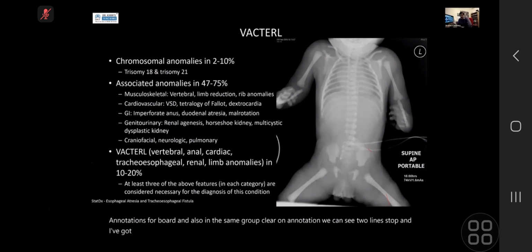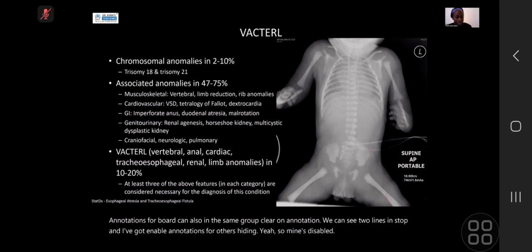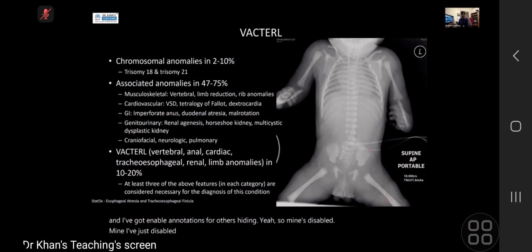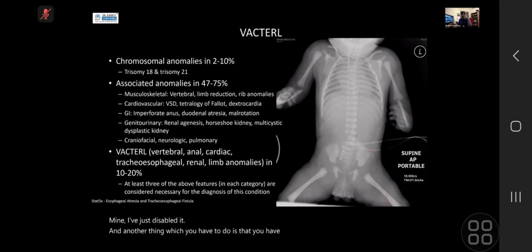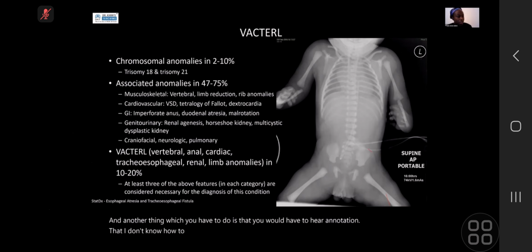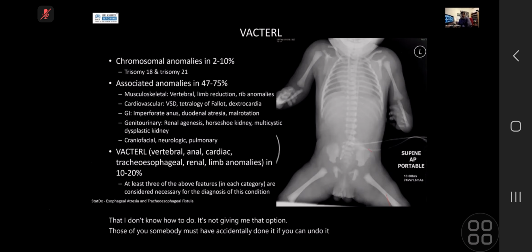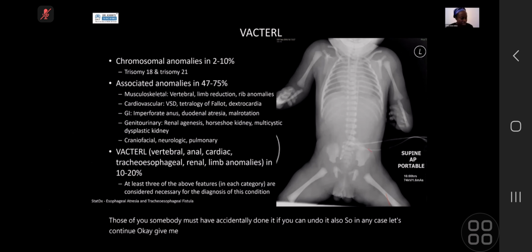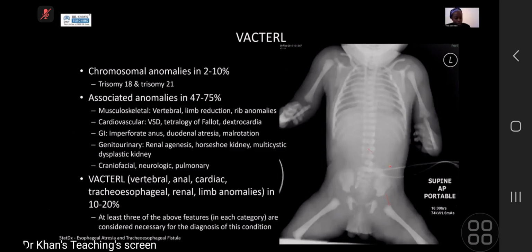Disable. So mine's disabled. I just disabled it. Right, and another thing which you have to do is clear annotations. We can see 2 red lines on the screen. Oh, that I don't know how to do. It's not giving me that option. Okay, don't worry. Somebody must have accidentally done it. If you can undo it also. So in any case, let's continue. Give me 2 seconds. I've somehow turned subtitles on, so I want to turn them off.